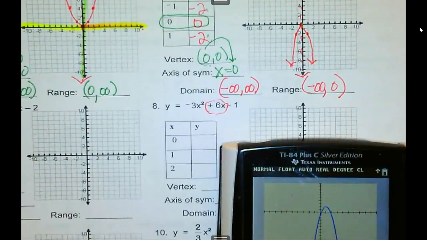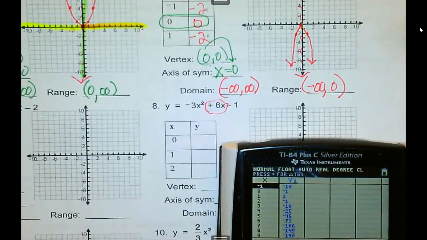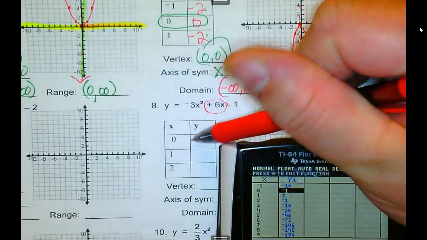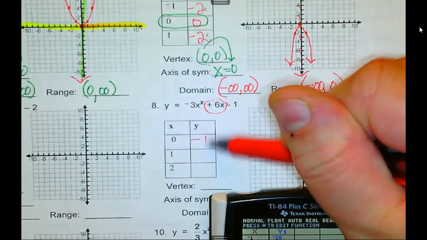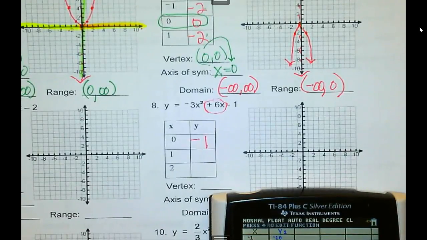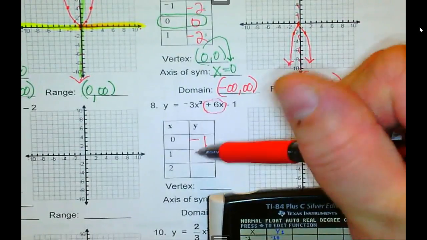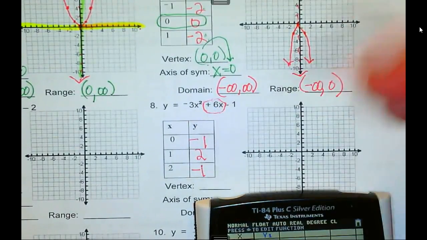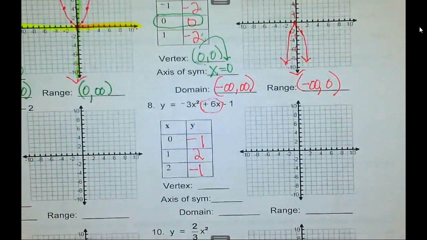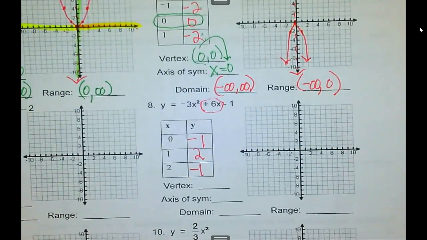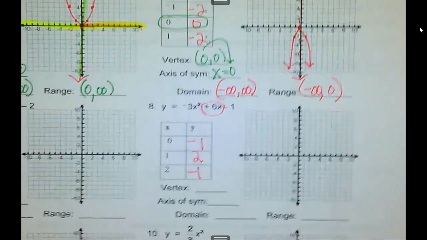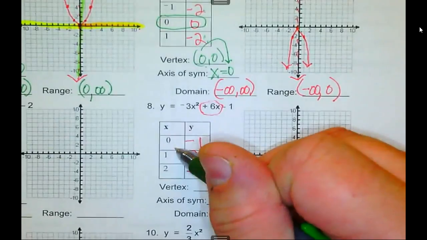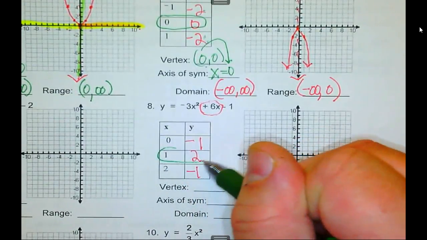All right, go to your chart. 0, negative 1, 1, 2, and then 2, negative 1. What's our vertex here? It's going to be 1, 2, right?